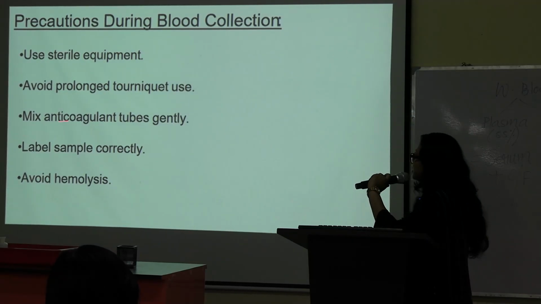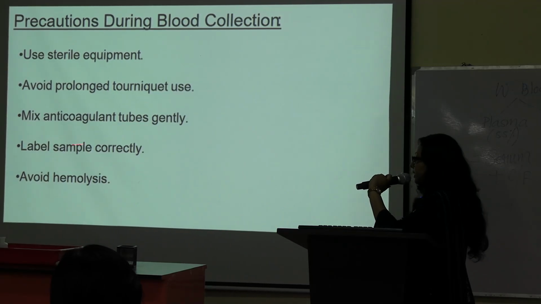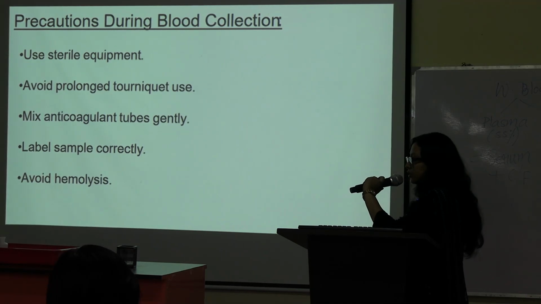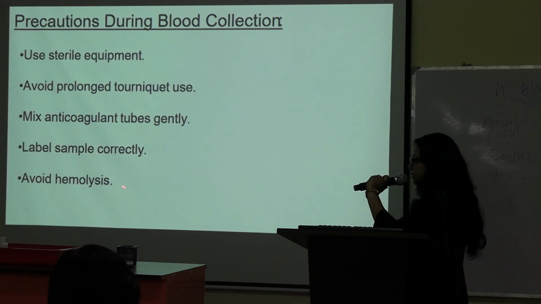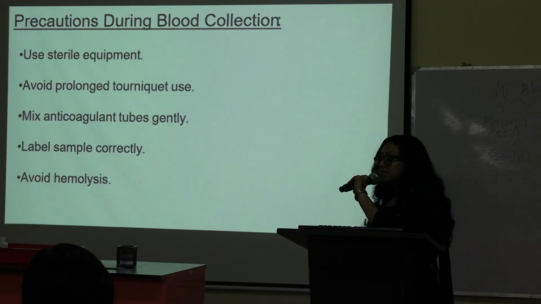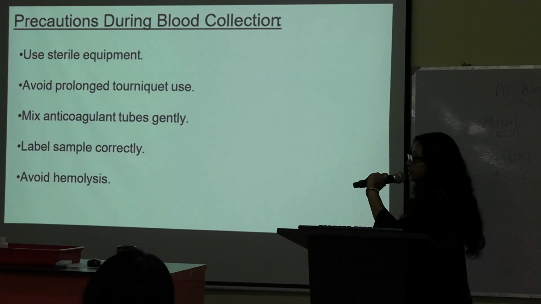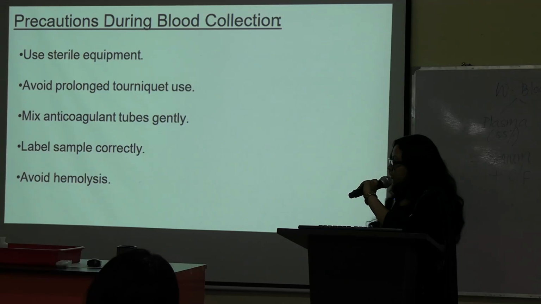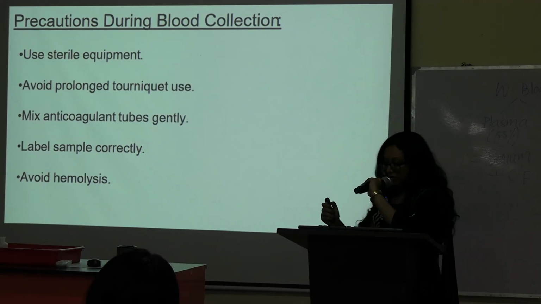Understood? Then mixing anticoagulant tubes gently is also important to get accurate results, and labeling the sample correctly is also important. Otherwise, there will be misidentification of samples. Avoiding hemolysis is important. If there is hemolysis, there is breakage of blood cells, we won't get the result, right? So that's why avoiding hemolysis is also important.